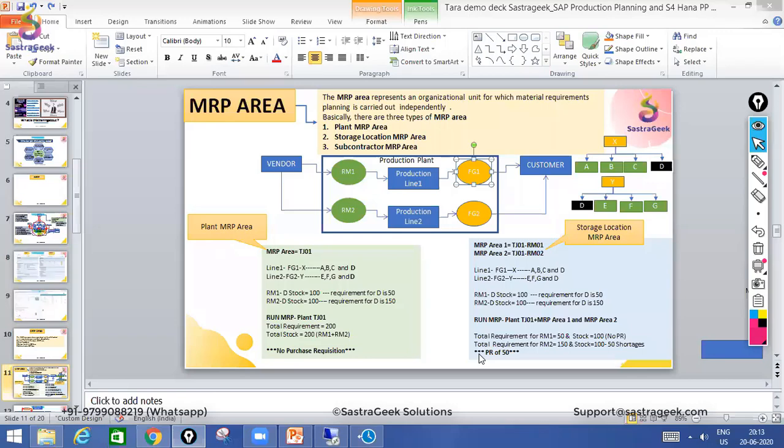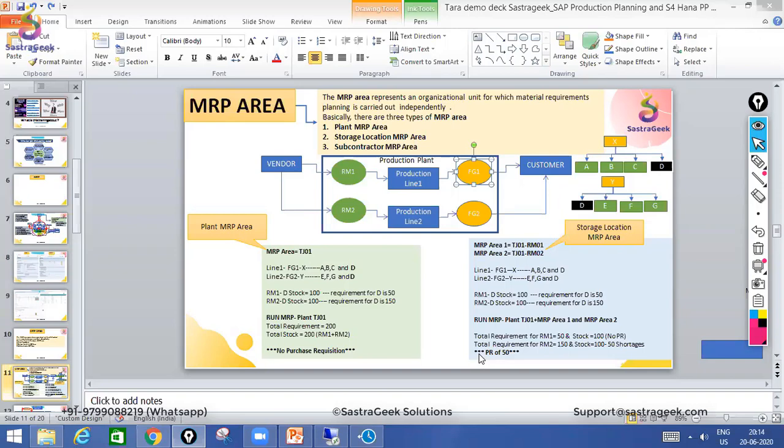What my plant MRP is saying here is, okay, we have stock available. You can transfer stock from RM2 to RM1 of 50 quantity and fulfill the requirement, or transfer from RM1 to RM2, instead of creating a new purchase requisition. But in my business scenario, I may not have such a crane or material transfer functionality available.